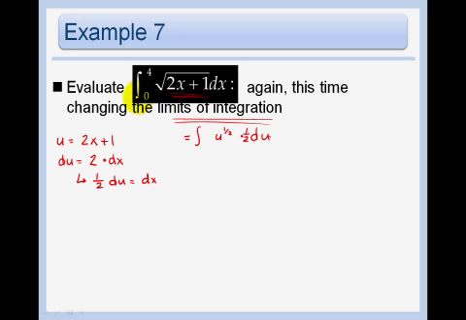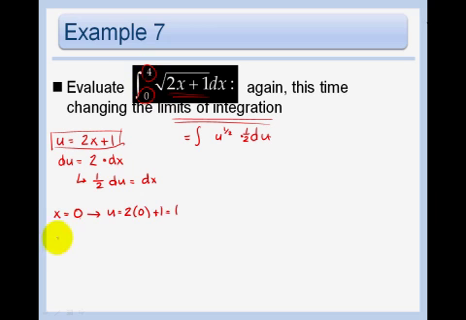First we were saying, when x was 0, what is u? This is what u equals. When x is 0, what is u? u is 1.